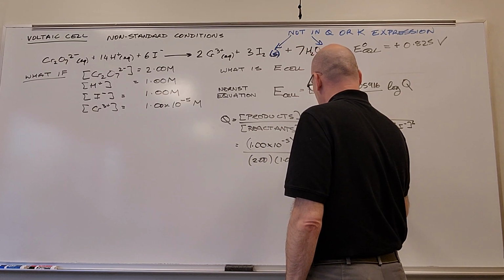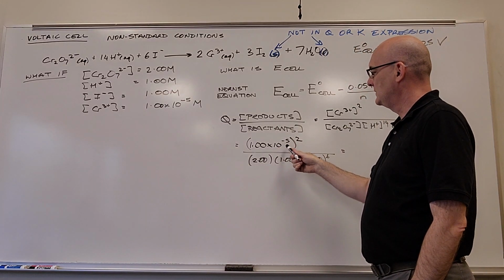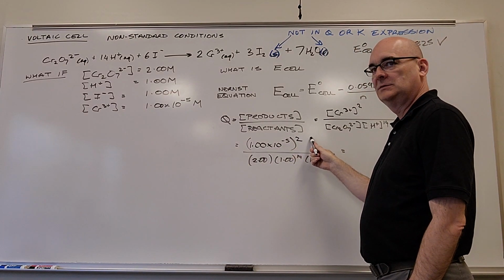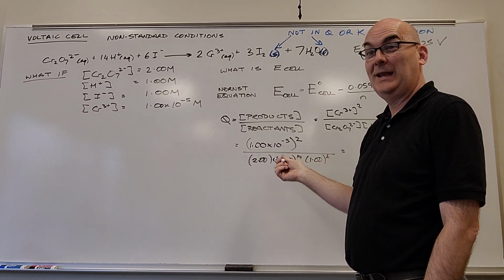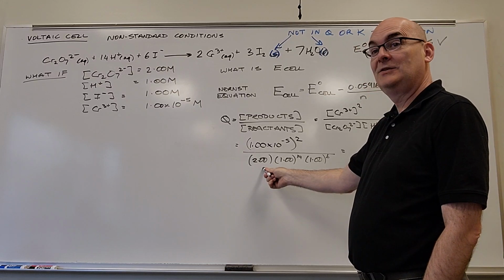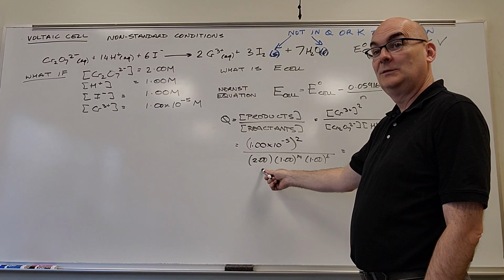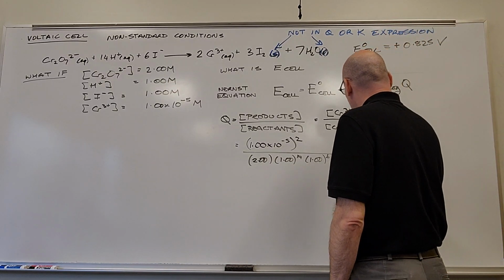All right. So this is basically 1 times 10 to the negative 5 times 1 times 10 to the negative 5, which gives me 1 times 10 to the negative 10, right? And then divide it in half, which gives me 5 times 10 to the negative 11. You do it in your head.